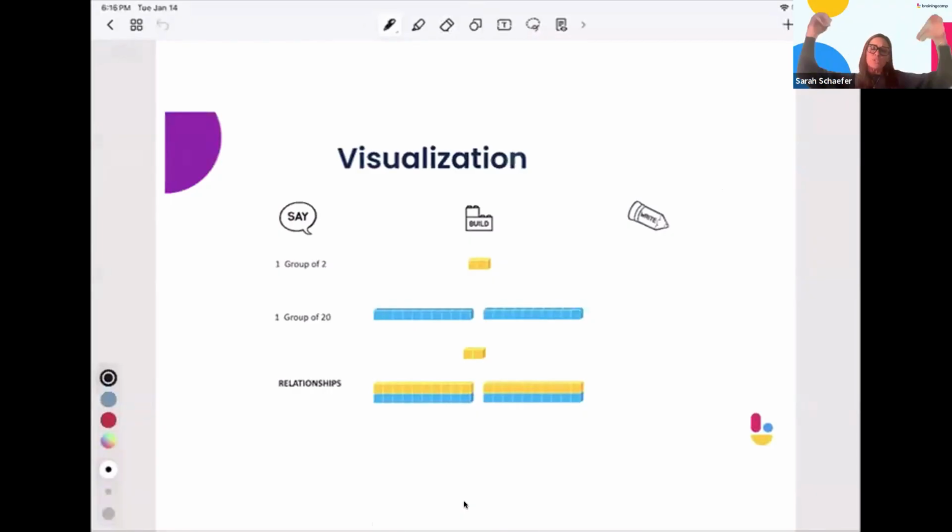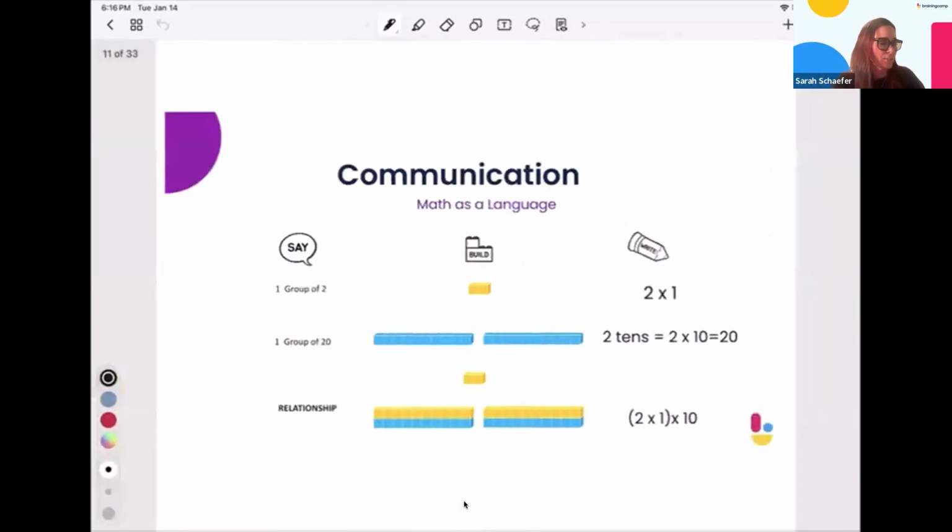So visualization is an overarching idea that I do a lot of work with, this Singapore-based approach, that CPA. You've heard CRA, you've heard CPA, but you're looking at the idea of how many times, that comparative relationship, which is taught as one of the meanings of multiplication.